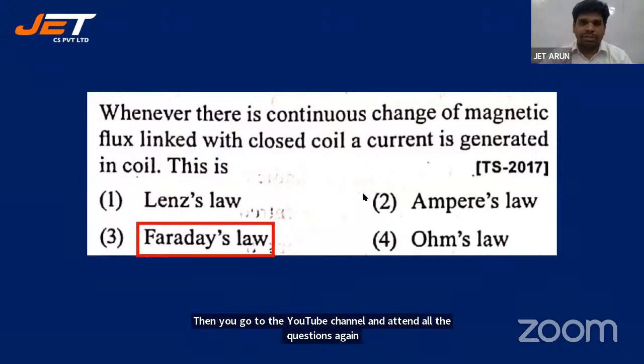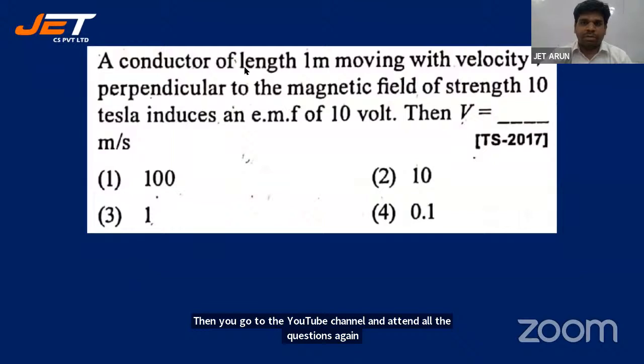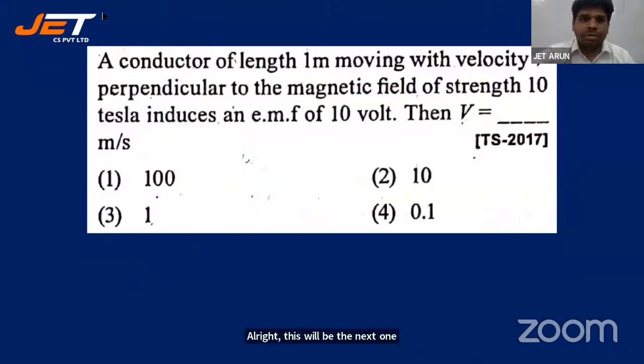All right, let's look at the next one. A conductor of length 1 meter moving with velocity V perpendicular to the magnetic field of strength 10 Tesla induces an EMF of 10 volt. Then V is how many meters per second? 100, 10, 1, 0.1.